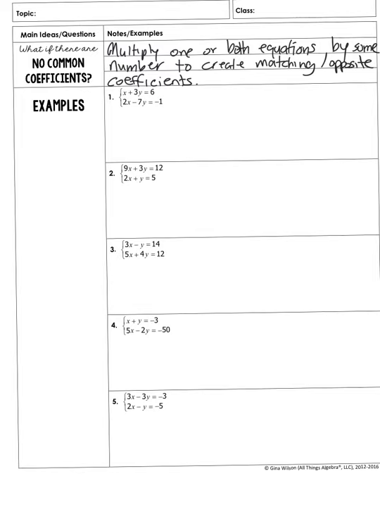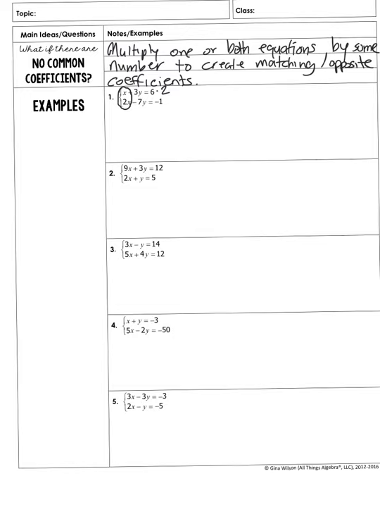Okay. Example 1. We need to get one of these variables to cancel out with the other equation. After quickly observing these equations, I noticed that I can multiply this top equation by 2, and then I can subtract the equations, and the x term will cancel out.